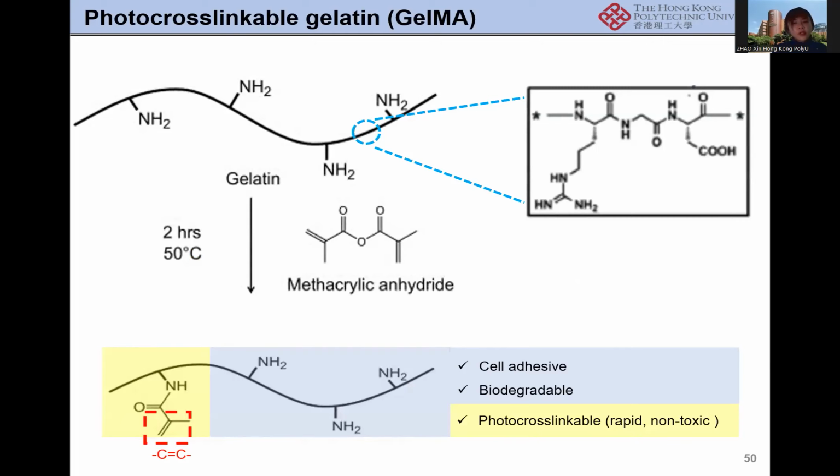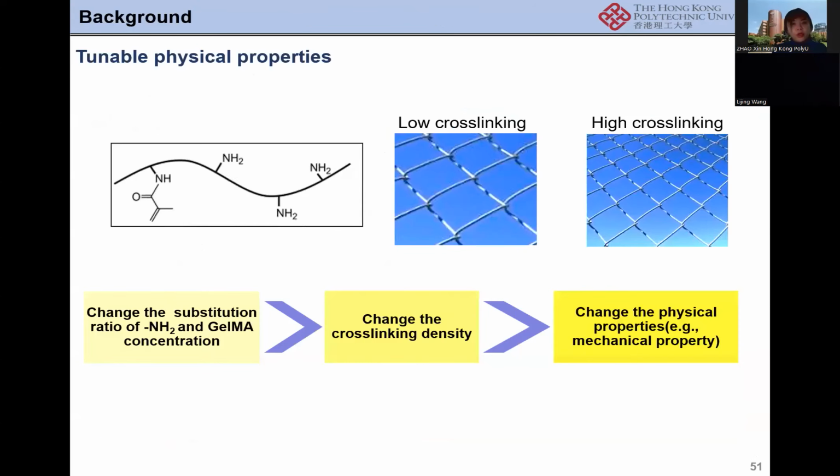These materials have been developed for many years. What we do is use C=C to modify the gelatin, so the materials have the gelatin backbone to make them cell adhesive and biodegradable. They also have the C=C here to make them photo-crosslinkable.